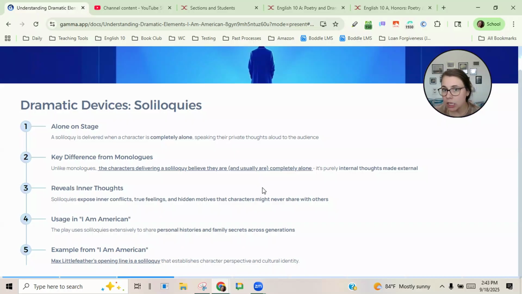They are completely alone and they are sharing their internal thoughts externally, because otherwise the audience would not know them, right? So their inner conflicts, their true feelings, their hidden motives, things that they're not going to share with other characters, that's what they're delivering in the soliloquy. This plays a role in the text I Am American that you guys are reading a lot about right now in the lessons.